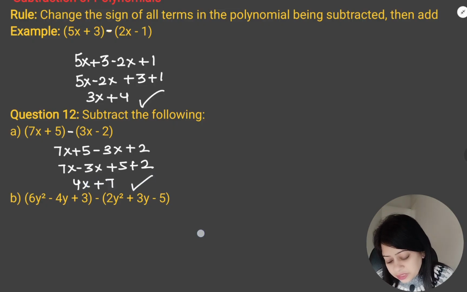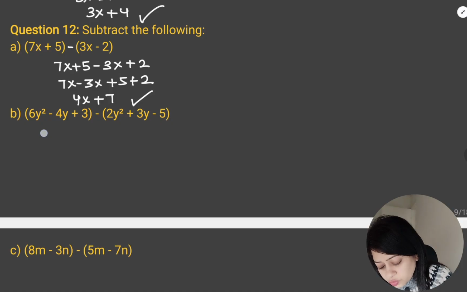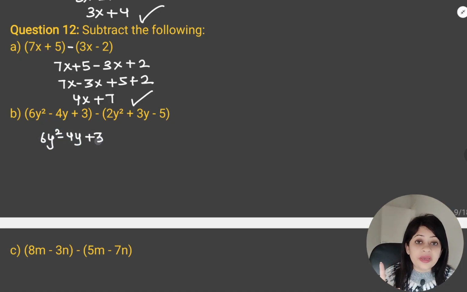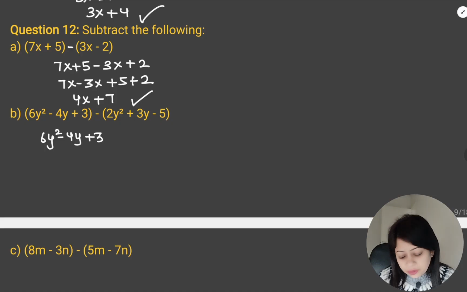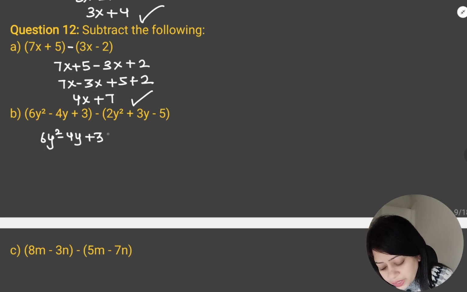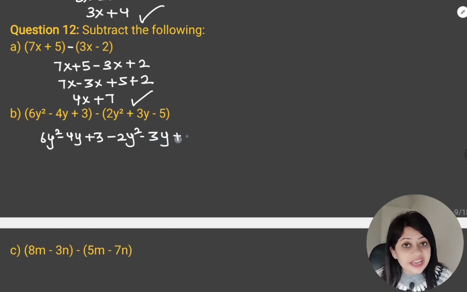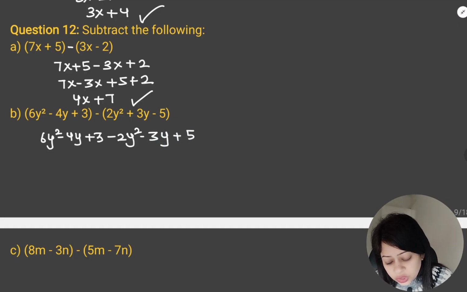Okay. Next here 6y square minus 4y plus 3. The first step is I will open the bracket. Minus 2y square minus 3y plus 5. I changed the sign. This 2y square was positive, it became negative.